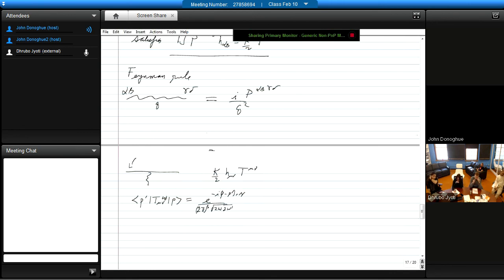So I've now quantized these states using the second quantization for the scalars. And this matrix element is p mu p nu minus eta mu nu p dot p prime minus m squared. Actually, sorry, I've blown that. Let's be careful. I've got p and p prime still.